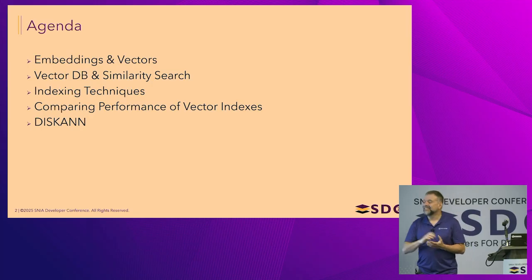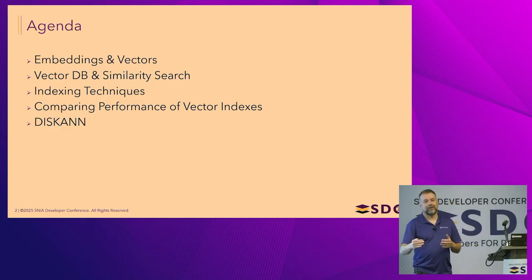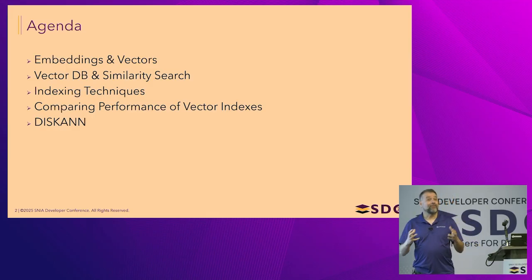So restarting. The way I built that knowledge is understanding what embeddings, vectors, and the vector database are, similarity search, and indexing. And the most important, how to compare different indexings, to get to the point of the talk, which is DISKANN, another storage offload technique for indexing, which we've seen with KV cache.